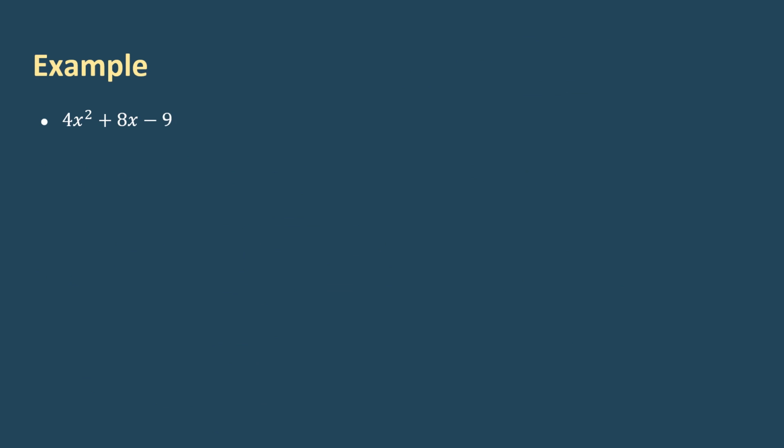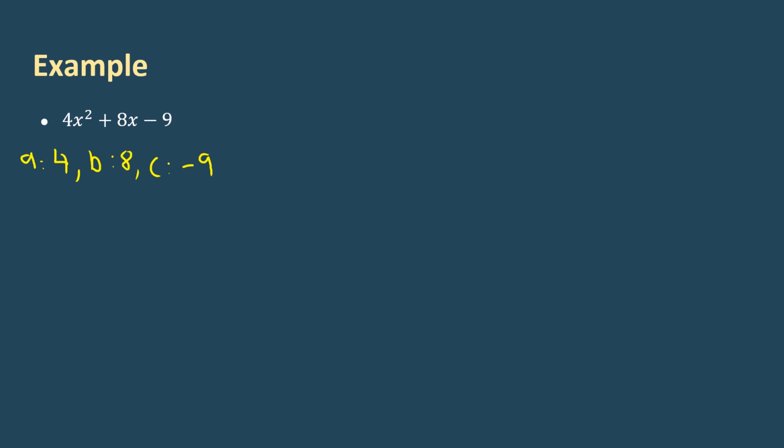So moving on to the last example, you can try it first. Okay, first things first, we're going to write the a, b, and c. A is 4, b is 8, and c is negative 9.